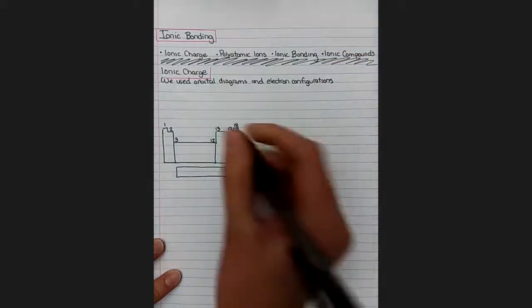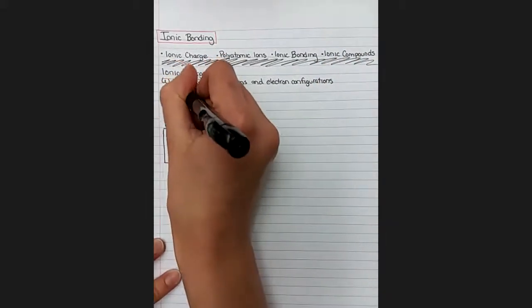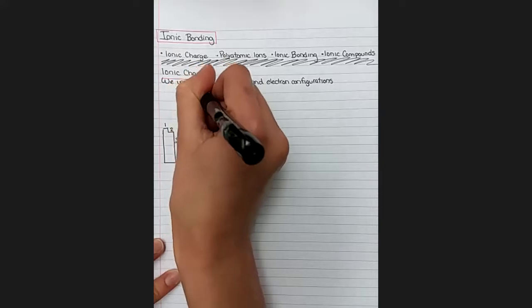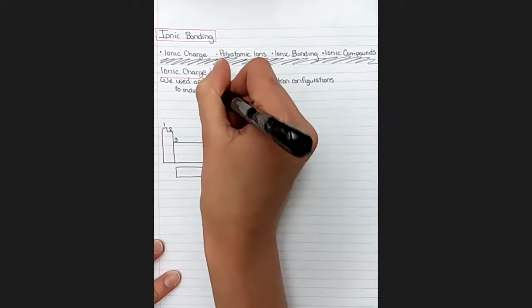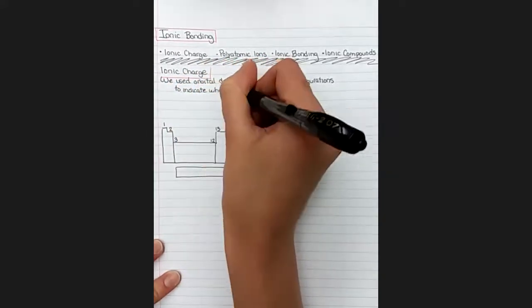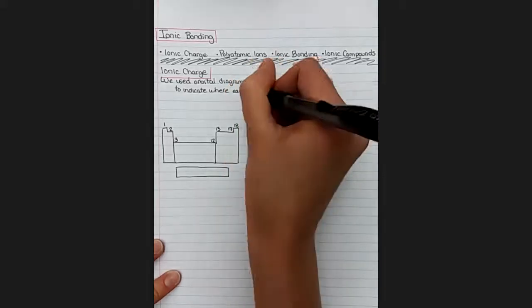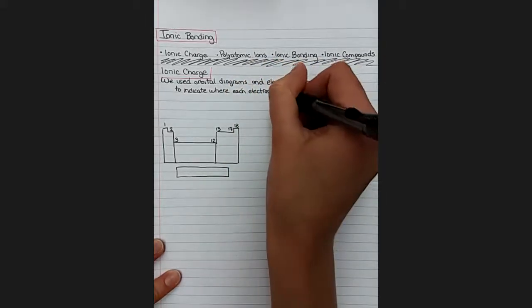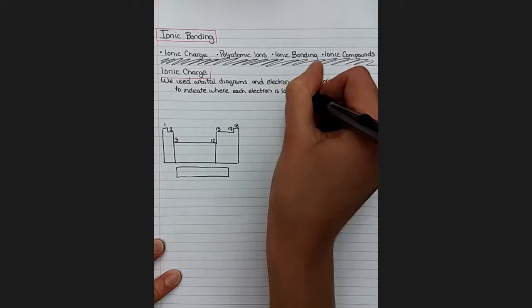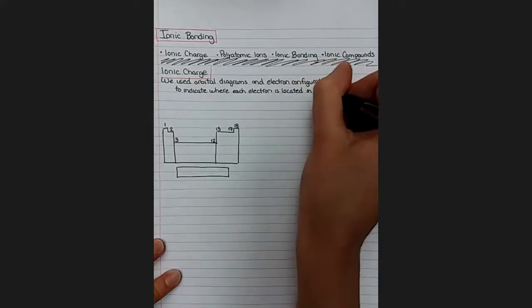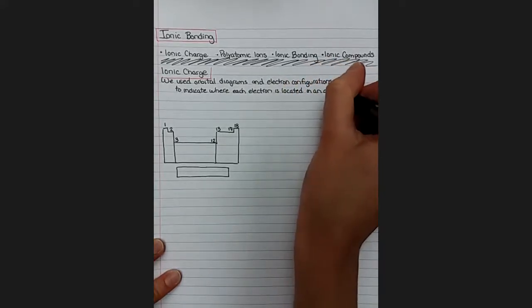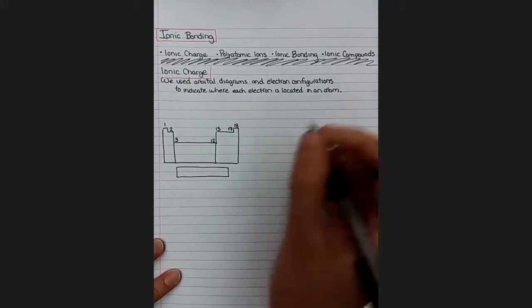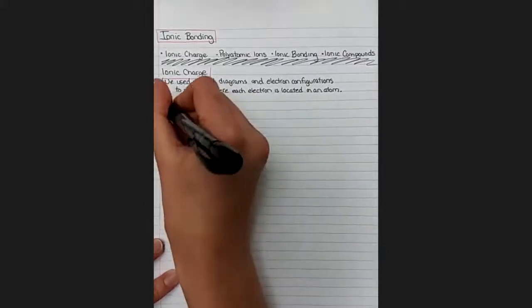So we used orbital diagrams and electron configurations to indicate where each electron is located in an atom. And so now we're going to move on to bonding.